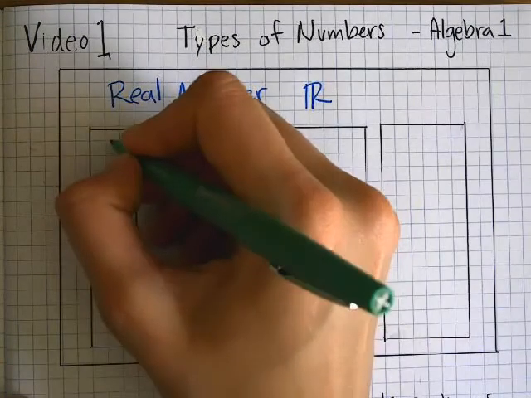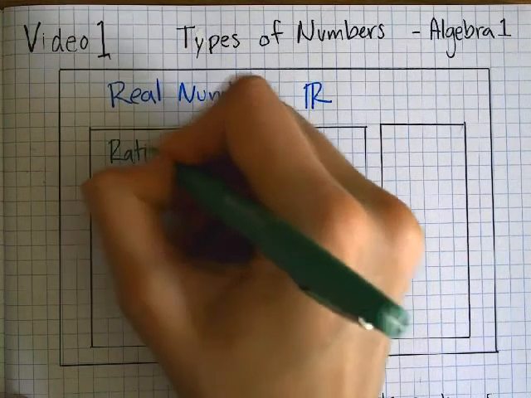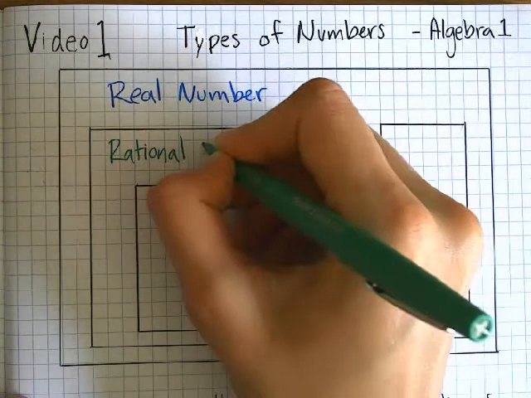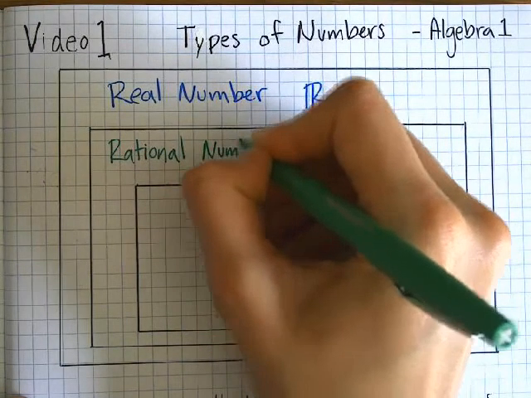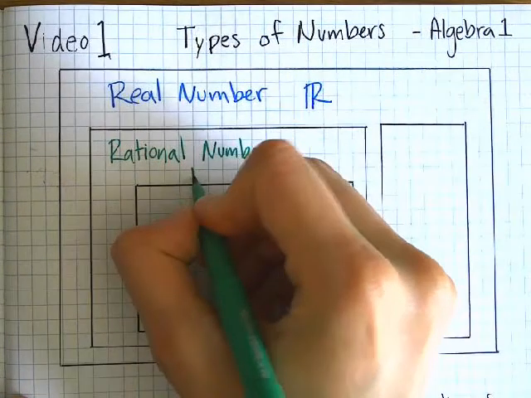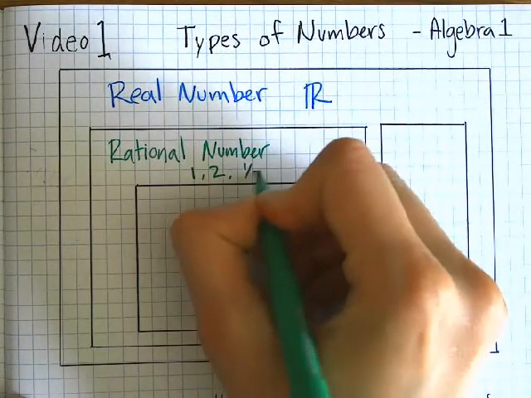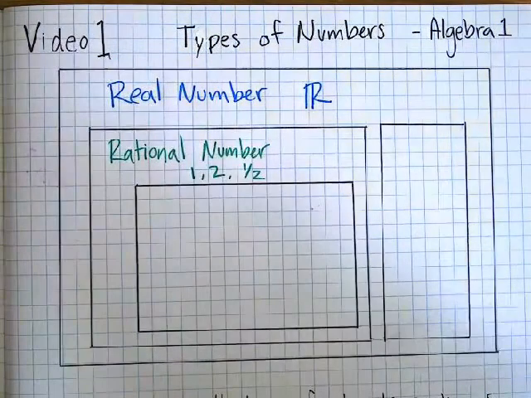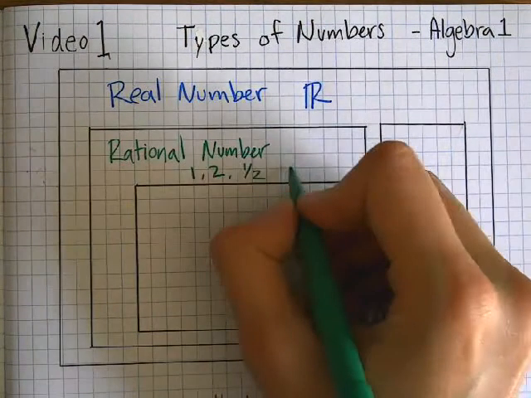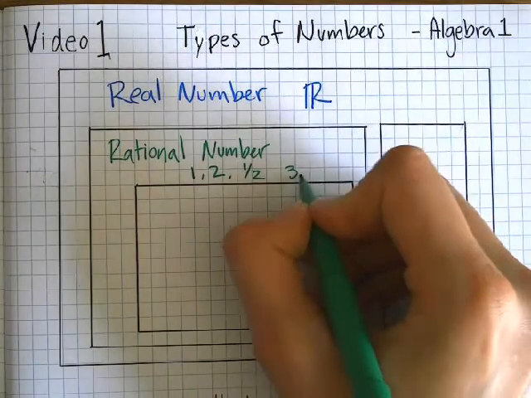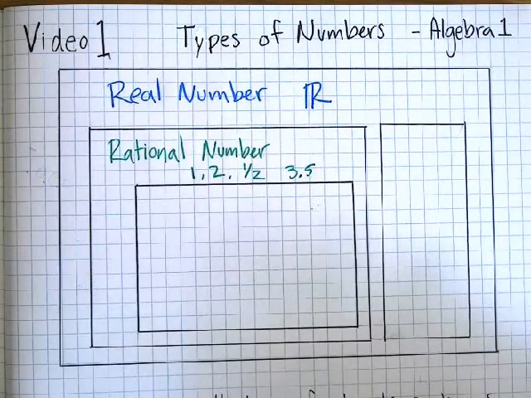familiar with would be a rational number. These are numbers like 1, 2, a third, or a half. It could be a fraction or a decimal, 3.5. Okay?